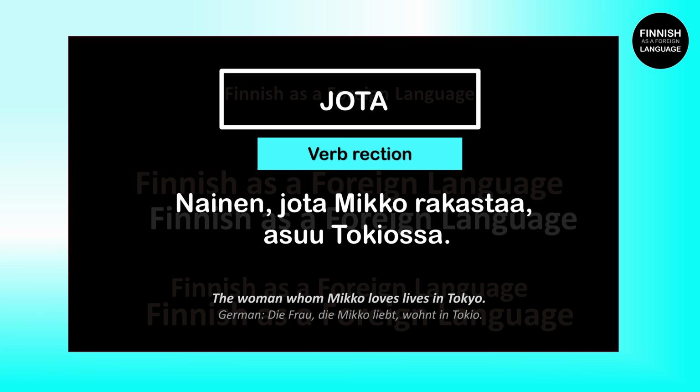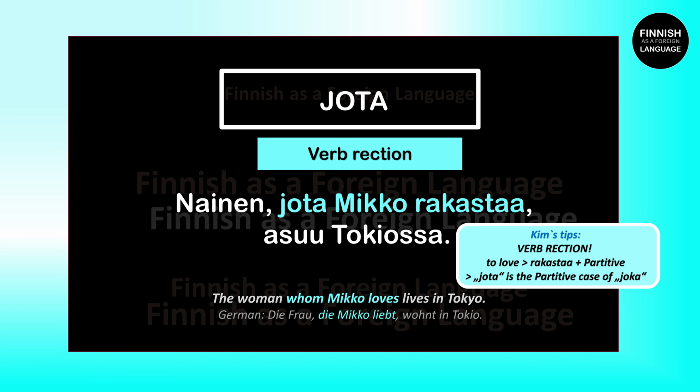Let's go step by step. Nainen means woman. Jota Mikko rakastaa means whom Mikko loves. Asuu Tokyossa means lives in Tokyo. So here, jota refers to the woman, and we use jota here because the verb rakastaa, which means to love, requires the partitive case.